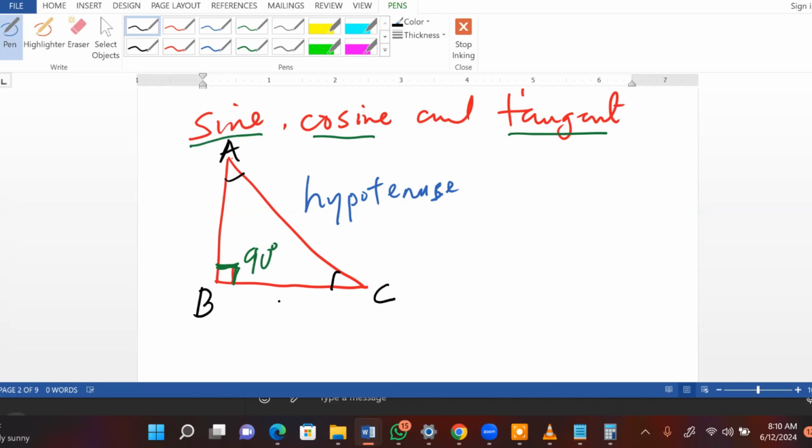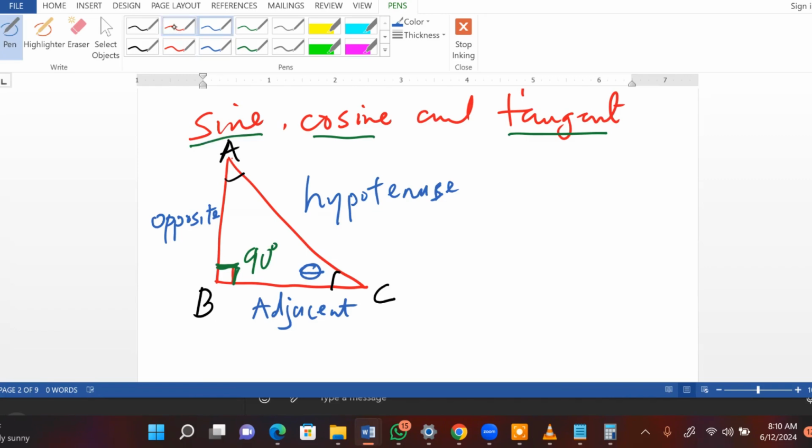If I'm considering this angle here, theta, the side that is facing this angle will be opposite. The last side here will be adjacent.